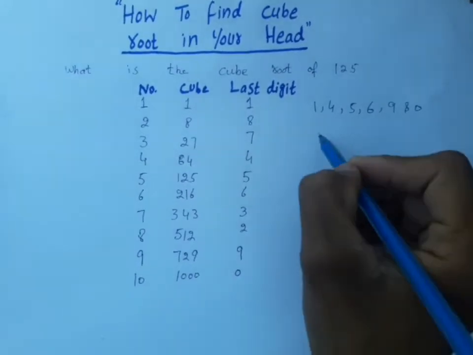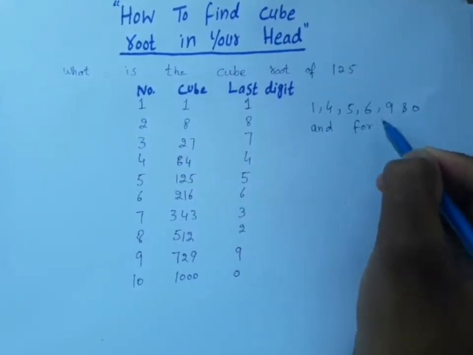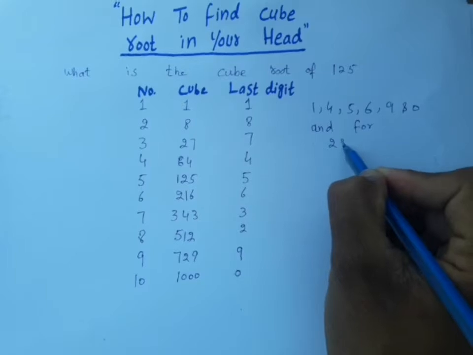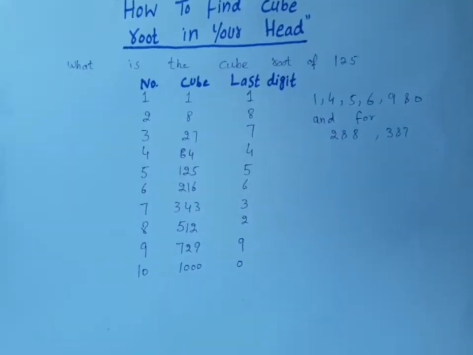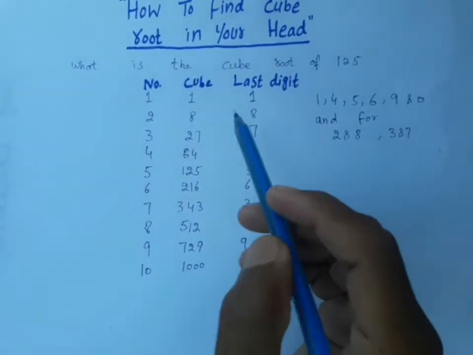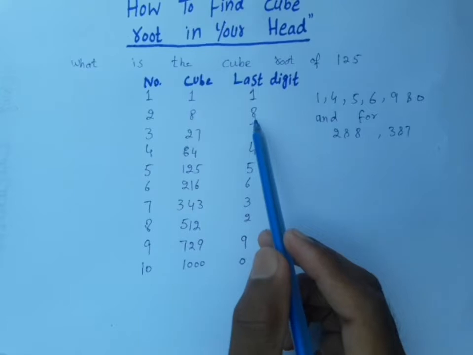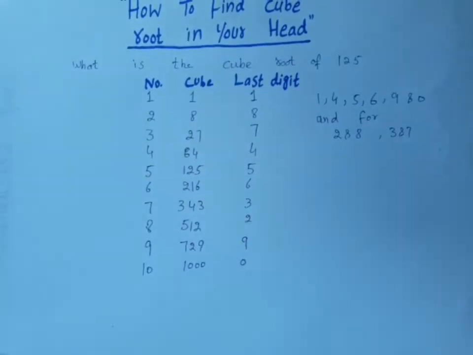Okay, and for 2 and 8, and 3 and 7, the last digit flips. You can see that for 2 the last digit is 8, and for 8 the last digit is 2.